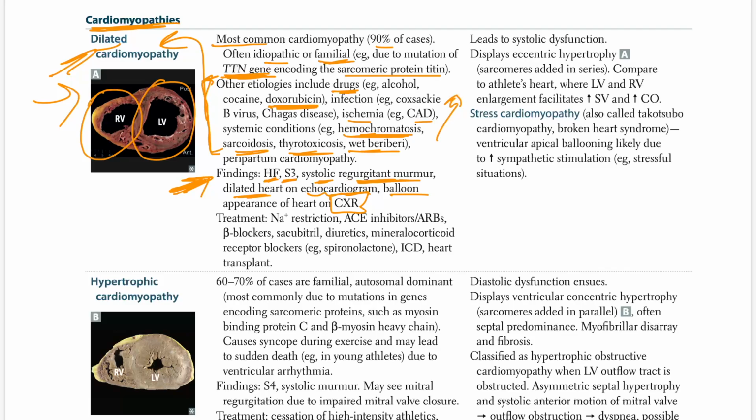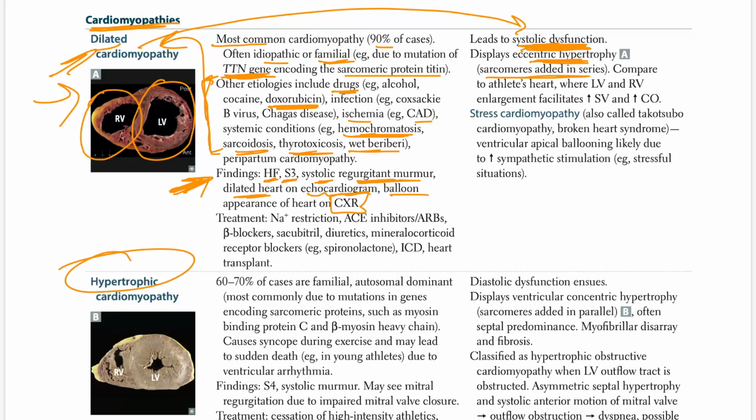On top of that, in these patients we will have systolic dysfunction, and eccentric hypertrophy, which is basically sarcomere added in series. So a lot of things in a small space, and we need a mnemonic for this. It's the total opposite of whatever is in hypertrophic.